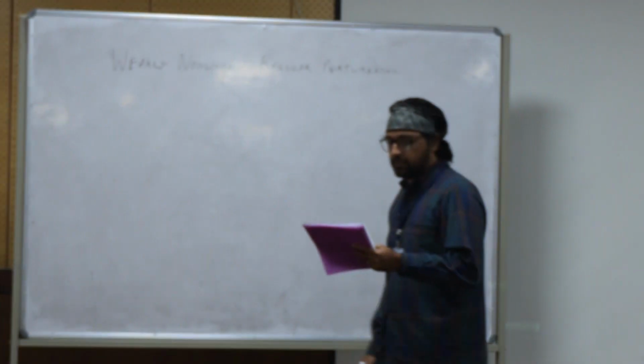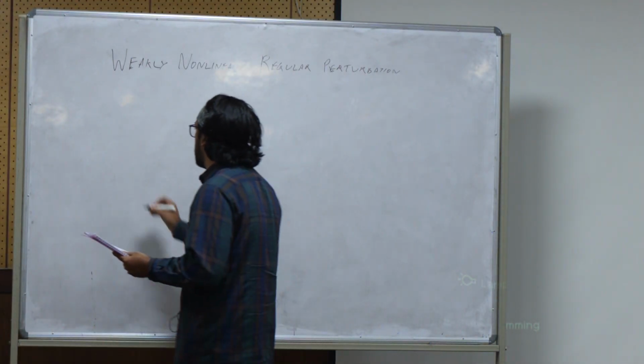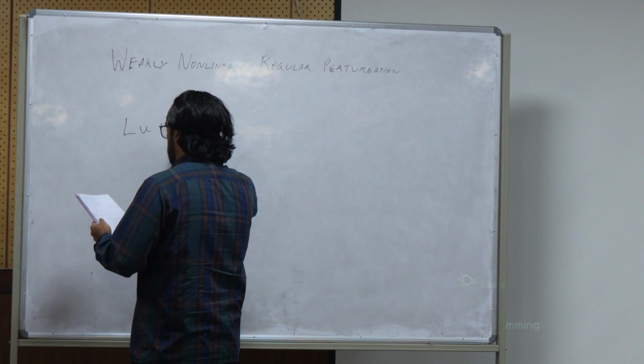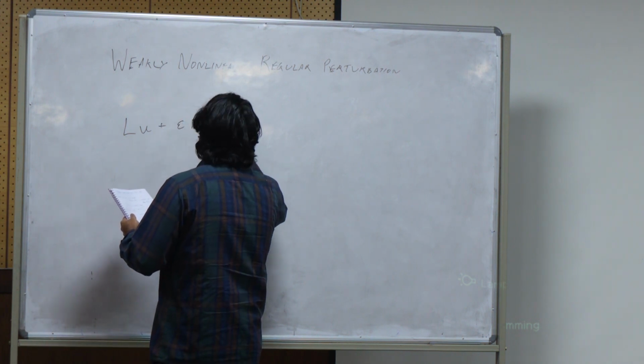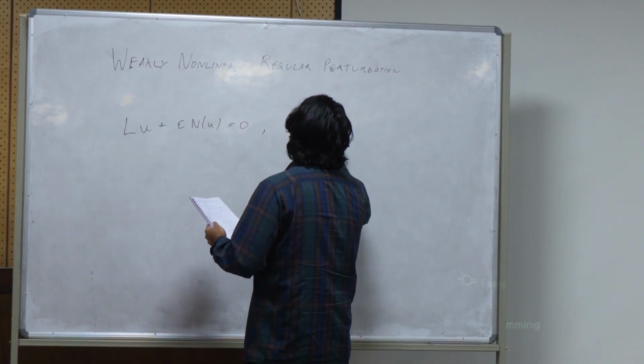In general, any weakly nonlinear system can be expressed in the general form Lu plus epsilon N of u equal to 0, where epsilon is a very small parameter.